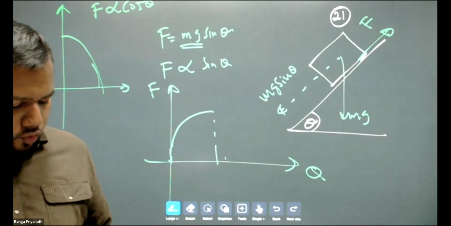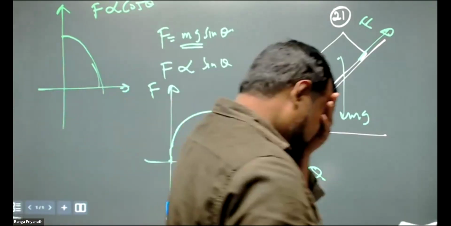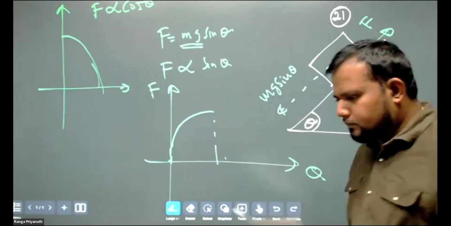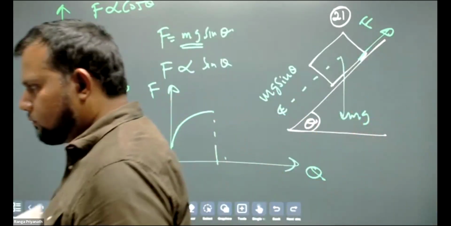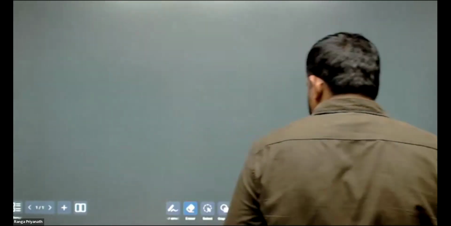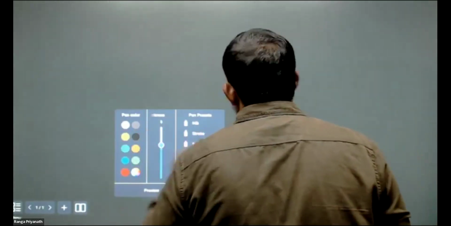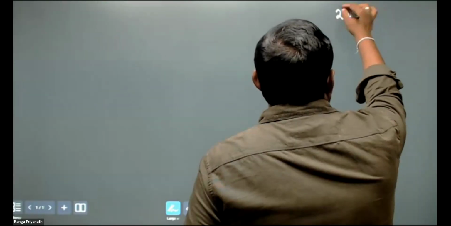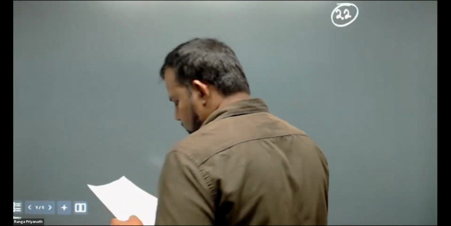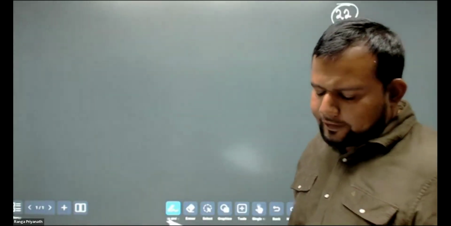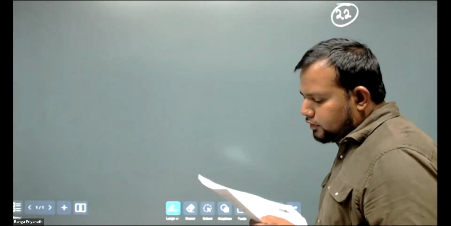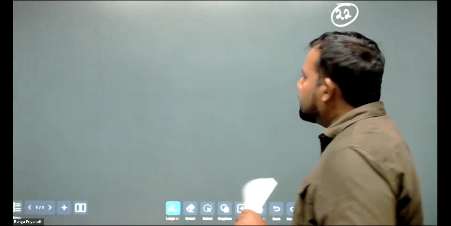Question number 22. A car moving in a straight line moves with uniform acceleration alpha, then moves with uniform deceleration beta and comes to rest.